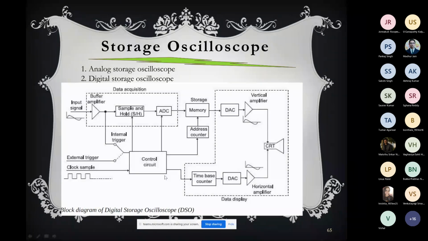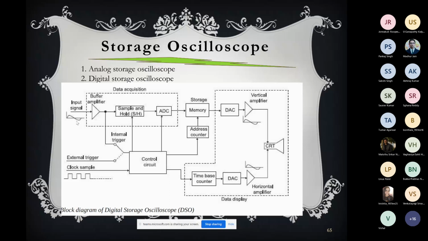Whatever input signal you give, there is a buffer amplifier and a sample and hold circuit. That means it is sampling and holding, and then an ADC. ADC means analog to digital converter. So whatever signal you are giving is converted to a digital signal.